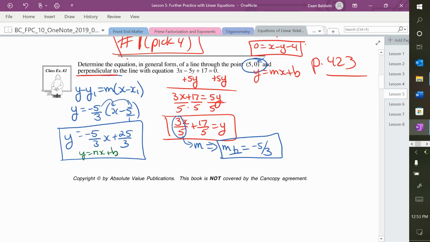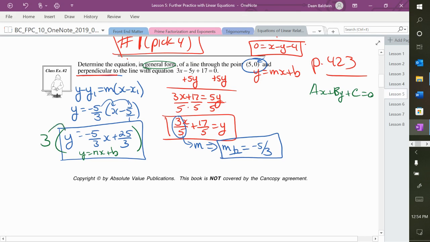They want it in general form or standard form, which is the ax plus by plus c form. What do I need to get rid of for standard or general form? You need to get rid of fractions. How do you clear fractions? Multiply them all by the common denominator, which is 3. So I essentially, whole thing times 3.